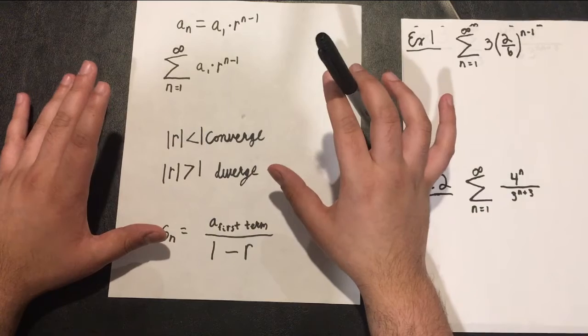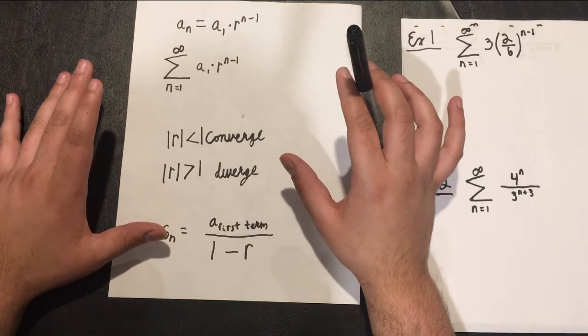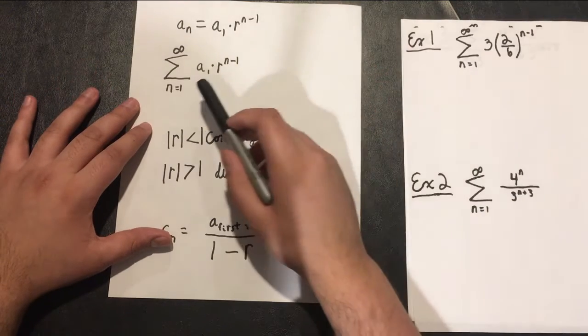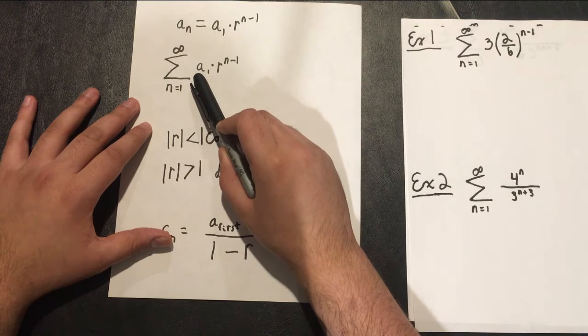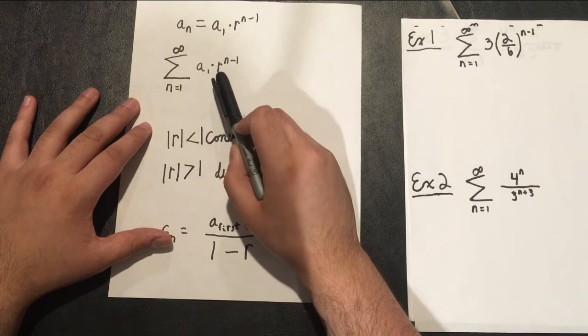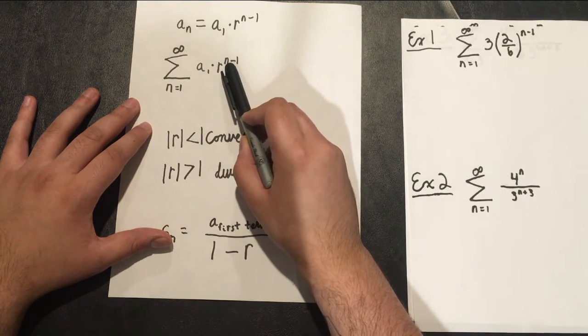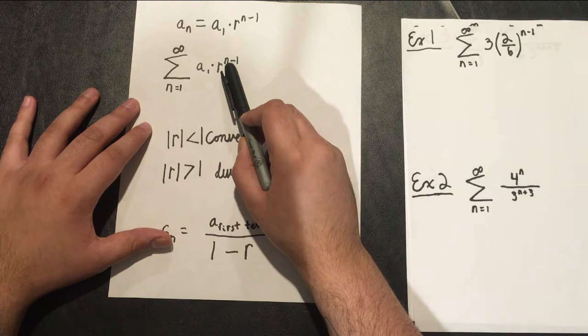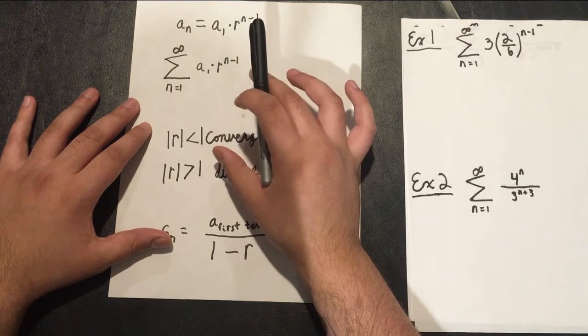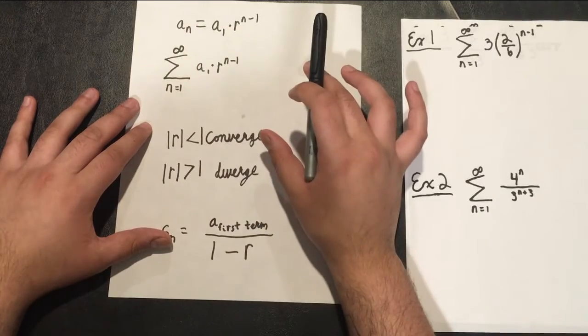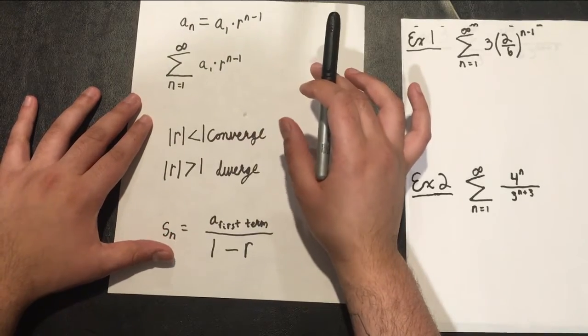So here's the form we want to go for. The ideal thing is to always have a constant up front multiplied by a constant raised to a variable power. If we can get it to that form, it's super easy to tell whether it converges or diverges.